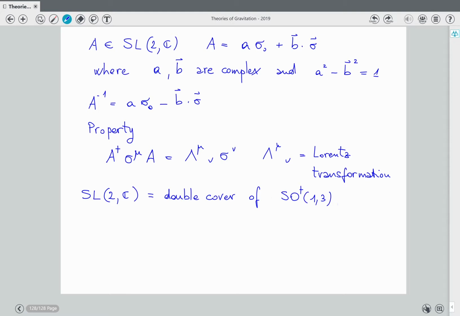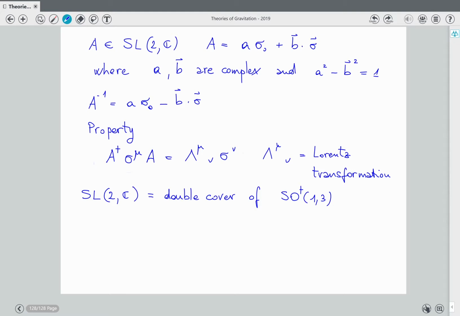Aside from the details, we want now explicit formulas to use this, and we can build the transformation of fermions starting from this property.